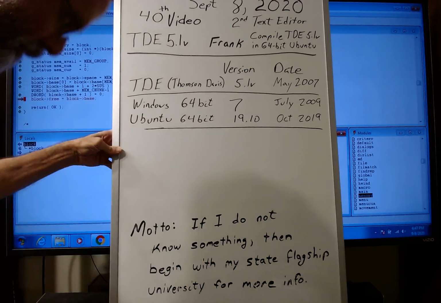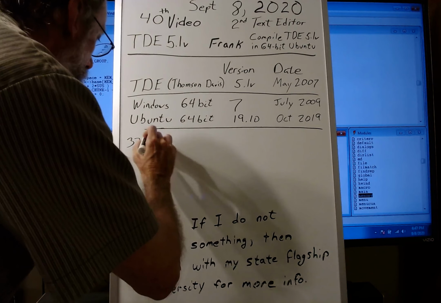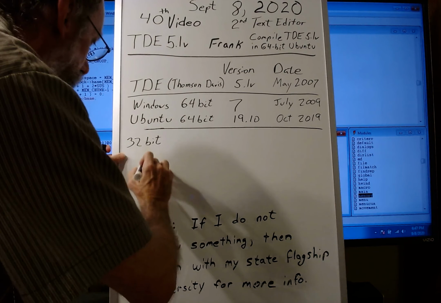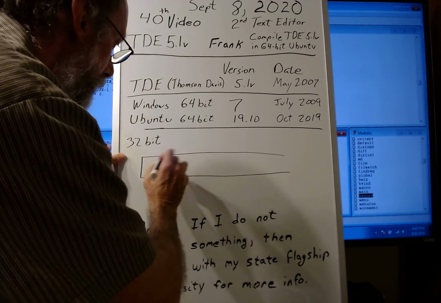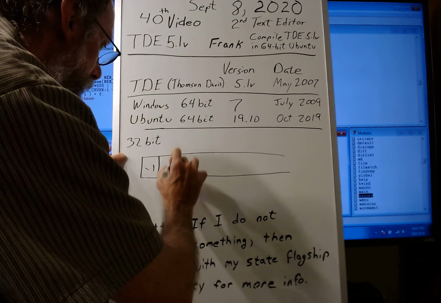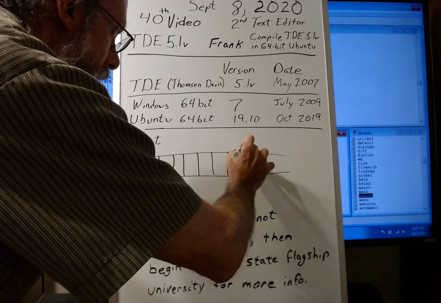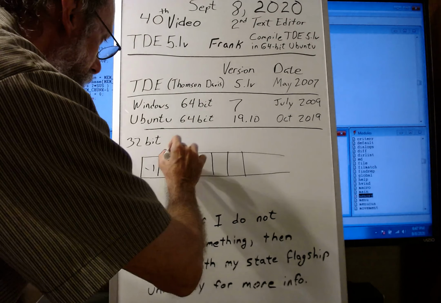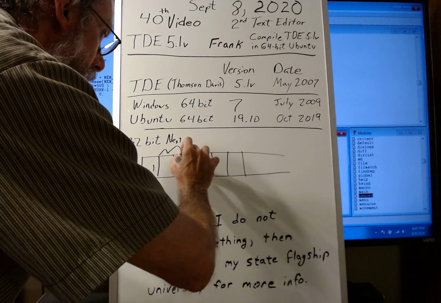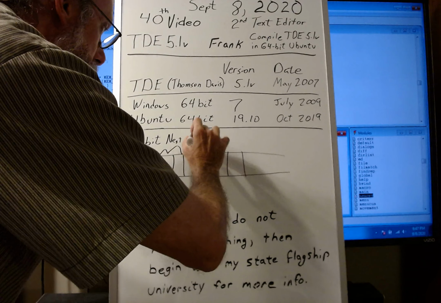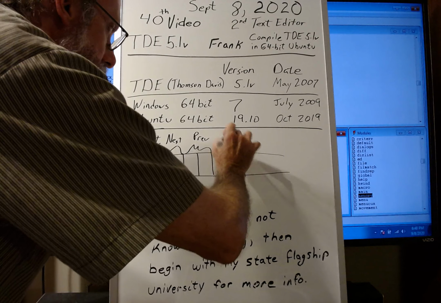So we get a 32-bit. We've got this. There's a -1. Now this is his next pointer. That's the previous. And here is the size.